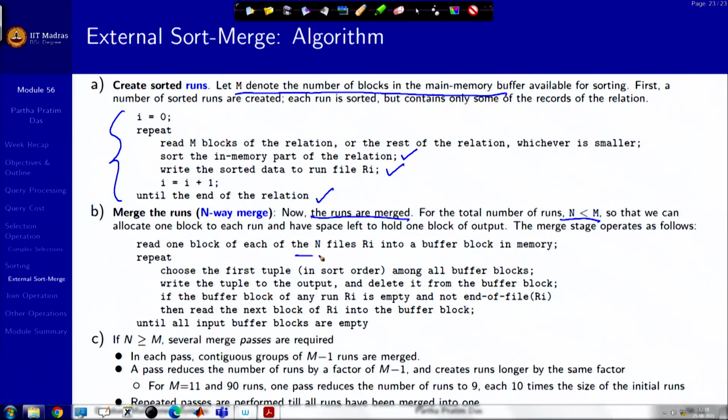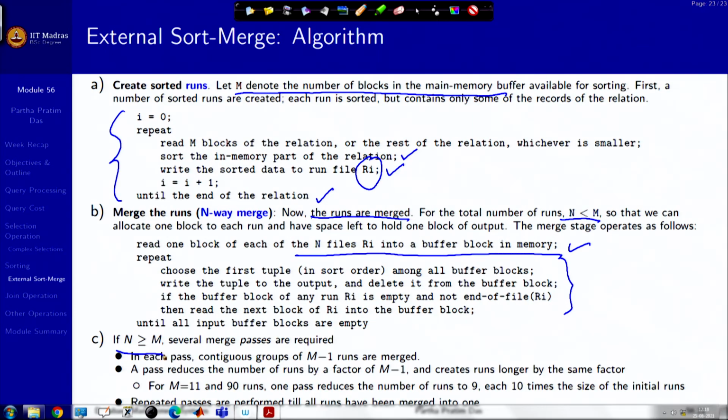So you read 1 block each of the N run files R_i that you have created into the buffer in memory, do a basic merging, and then write it back. This will continue till all input buffer blocks are empty.